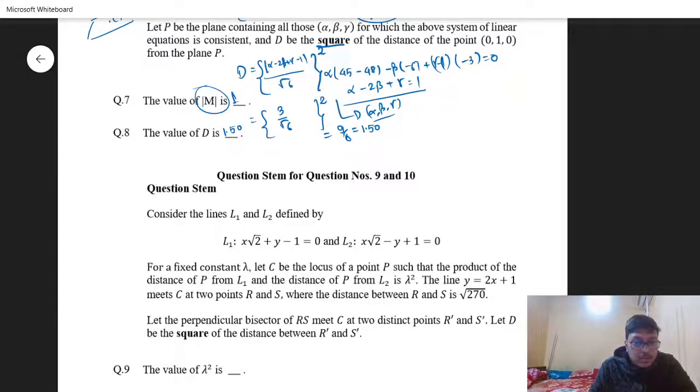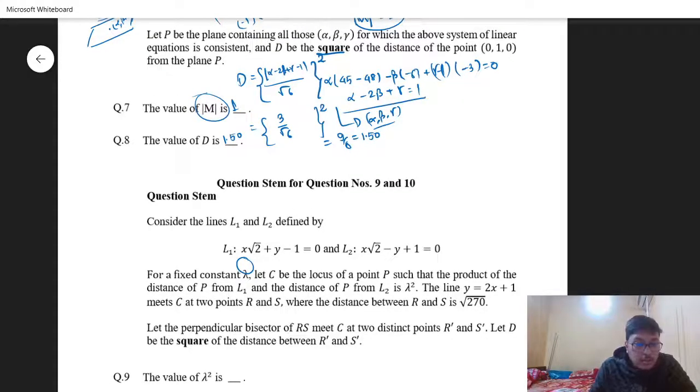These are the two lines, and for a fixed constant lambda, let C be the locus of the point P such that the product of the distance of P from L1 and the distance of P from L2 is lambda square.